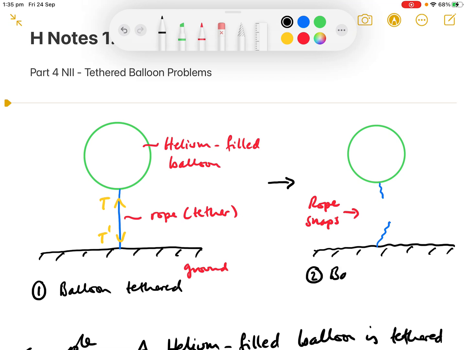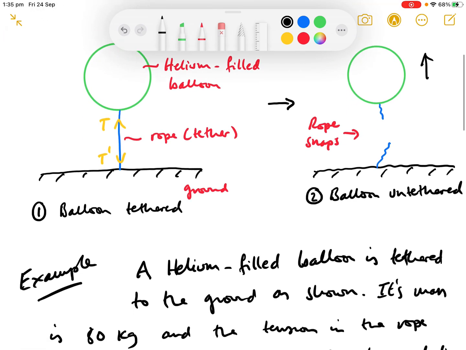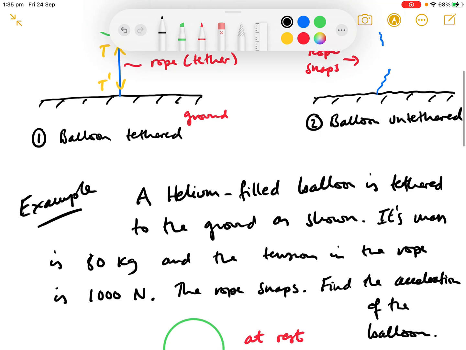So that second diagram then is the balloon untethered, and it moves upwards. So there's the scenario. Let's now pose a problem and I'll show you how to solve it.